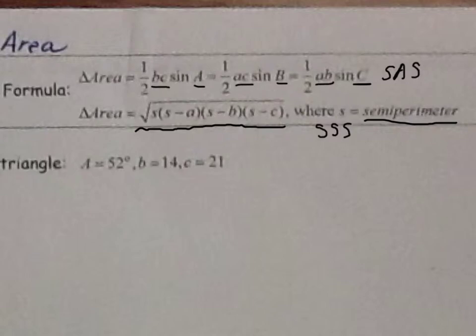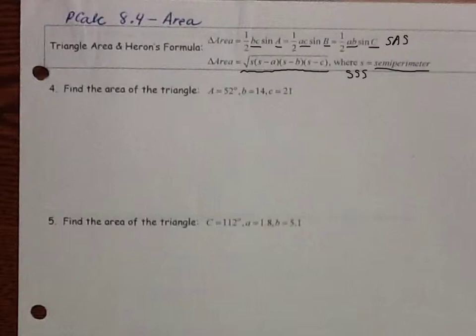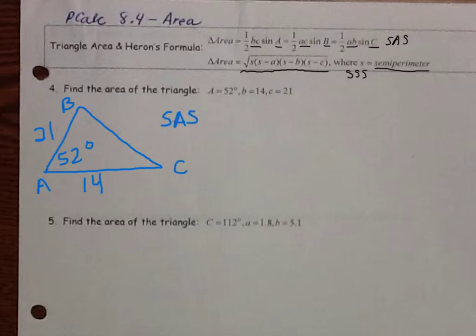Let's try a few examples. So if we look at number 4 here, it's kind of a continuation of law of cosines. Number 4, and we draw the triangle out. Once you get good at these, you might not have to draw these out. So we have A, B, C, angle A, side B, and side C. What you notice is I have one of each letter: a side B, a side C, and angle A. So that would be a side angle side case, which means I can come up to my formulas and grab one of them.